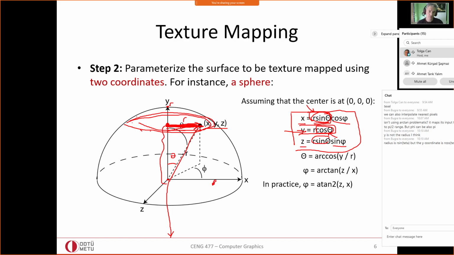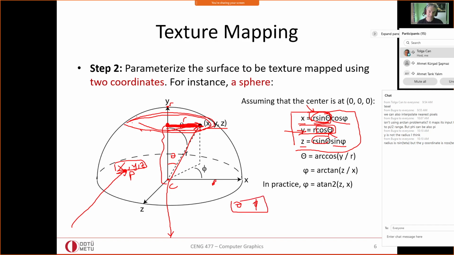All right, so in practice, we can use these z and x coordinates if somebody gives you the coordinates of the sphere. The problem we will try to solve is, we have a ray here, it hits a point on the sphere. So we know its xyz coordinates, its center coordinate, and its radius. If this is the point P that our ray hits, given the xyz values, our goal will be to figure out these two parameters, theta and phi.